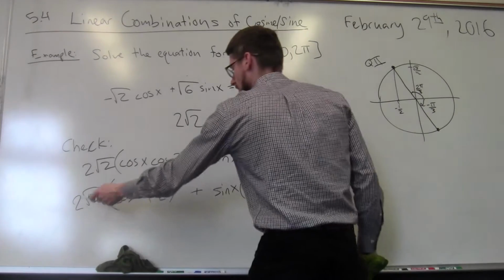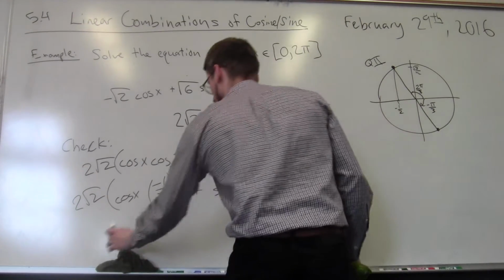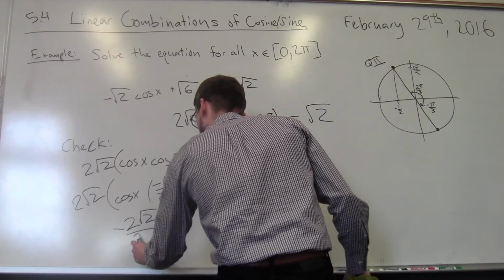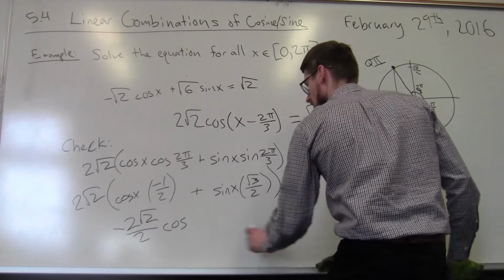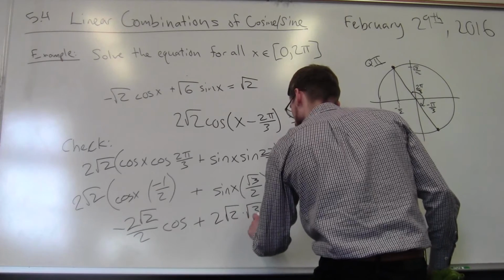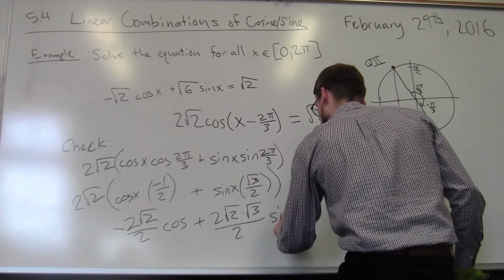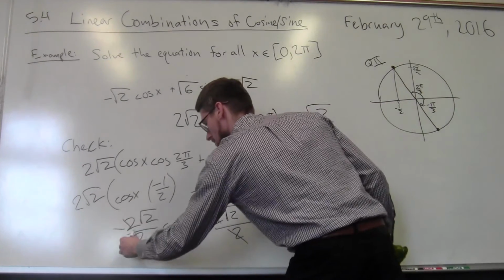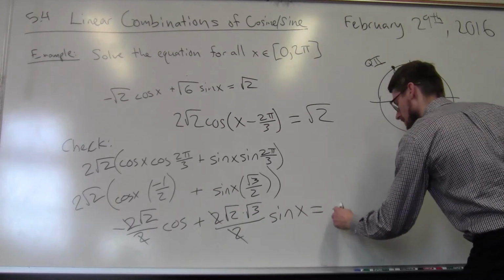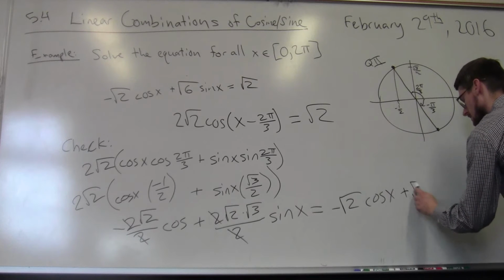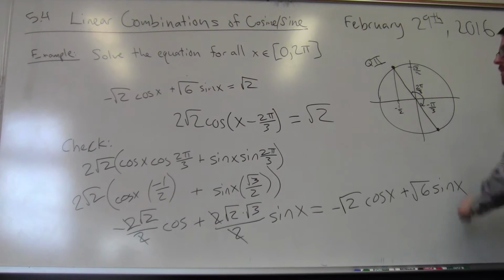And I can distribute my 2 root 2 to both things, so that's going to give me negative 2 root 2 over 2 cosine x, and then plus 2 root 2 times root 3 over 2 sine of x. If I simplify these, 2's cancel here, 2's cancel here, I get what I started with, negative root 2 cos x, and this one's root 6 sine x, as desired. That's what I began with. So that's good.